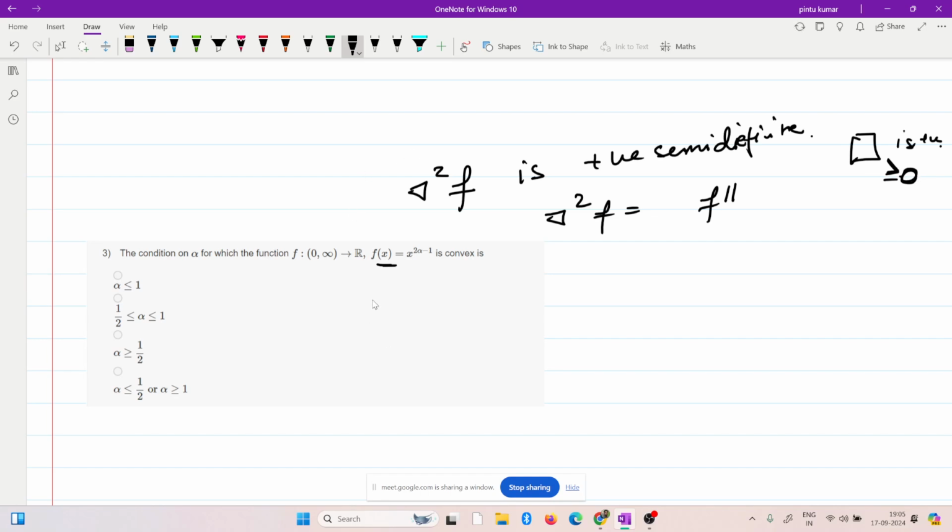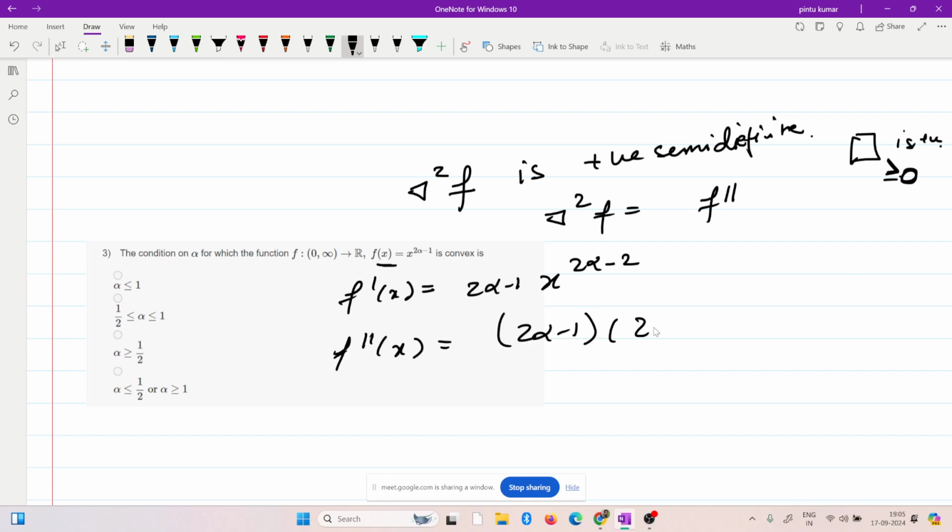So I'll solve this because it does not involve a lot of things to do. So f dash x is 2 alpha minus 1 x to the power 2 alpha minus 2, right? And then f double dash x is 2 alpha minus 1 multiplied by 2 alpha minus 2 x to the power 2 alpha minus 3, right?